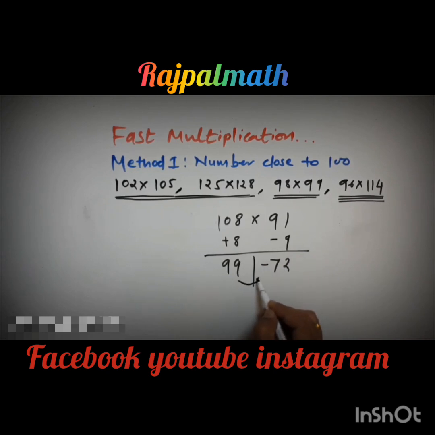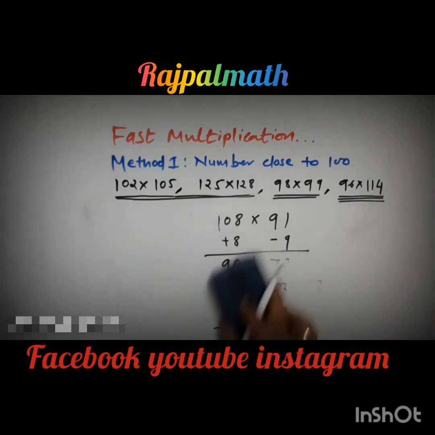I'm taking 1 as a carry, so it will become 100, the place value of this place being 100. So 100 minus 72 will give me the answer 28. And 99 minus 1, which is carried over, is 98. So 9828 is my answer.